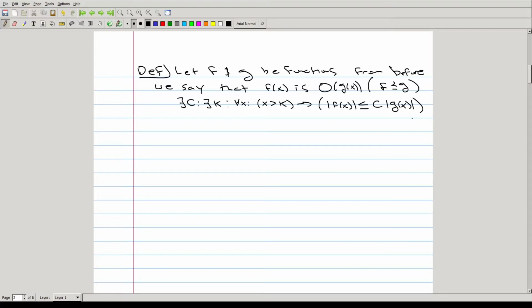And this is essentially stating that eventually we can find a constant c and a constant k, such that if x is greater than this constant k, the function f of x will always stay below some constant c times g of x. And this is what we mean by f is dominated by g.